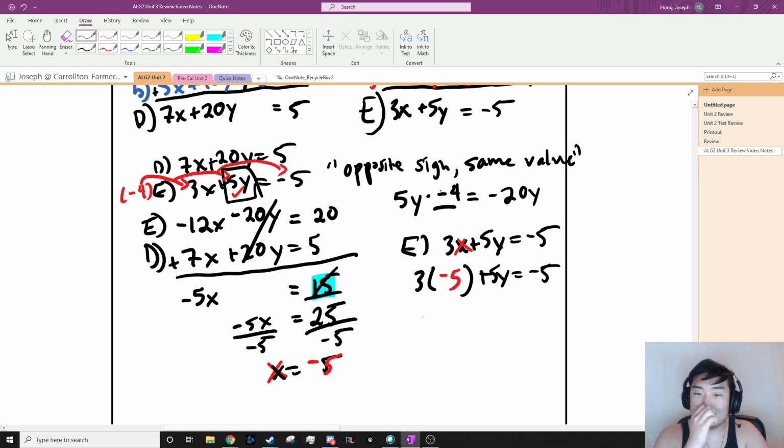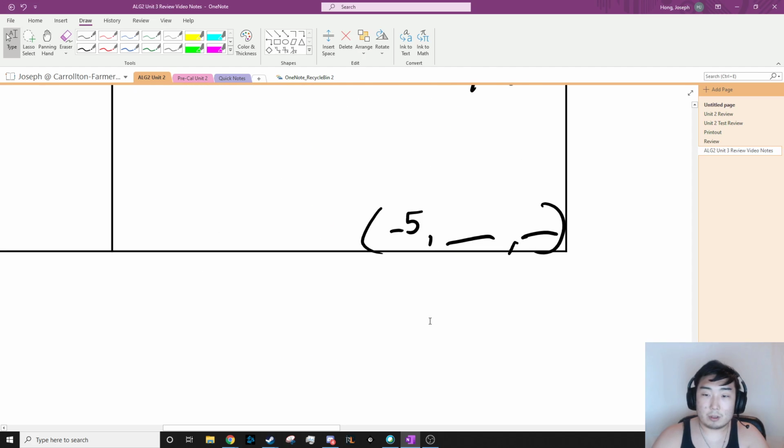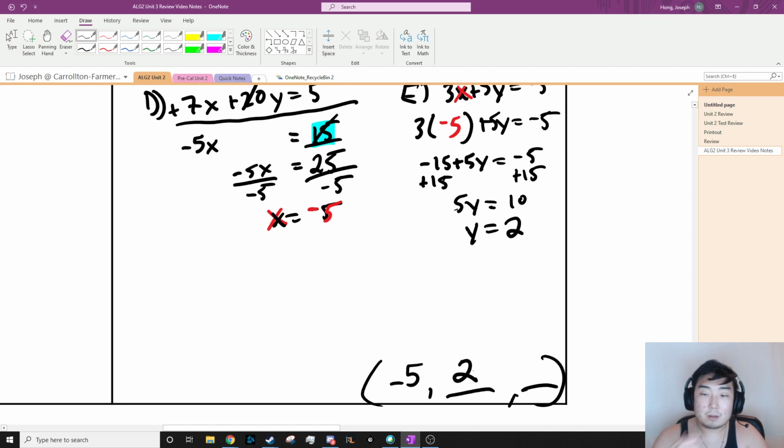Okay, now it makes more sense. Negative 15 plus 5y is equal to negative 5. I add 15 on both sides. 5y is equal to 10. So y is equal to positive 2. Thank the Lord. It's an easier number.